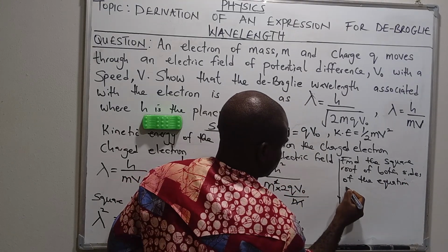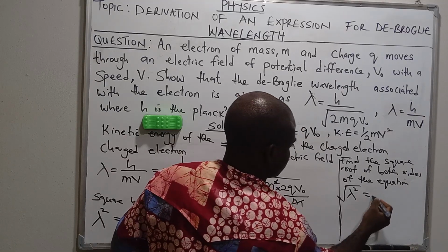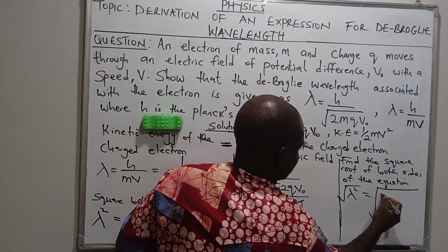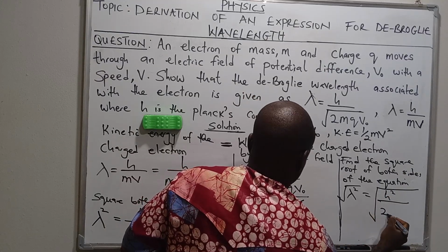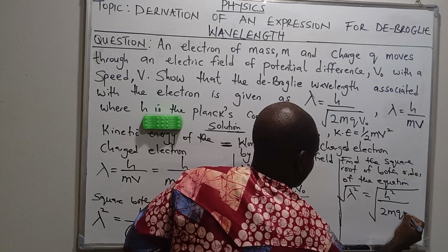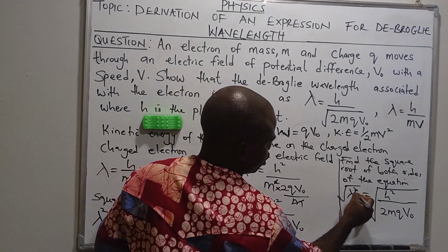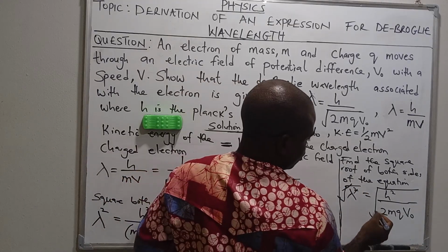You now have square root of wavelength squared equals square root of h squared over 2m qV naught.